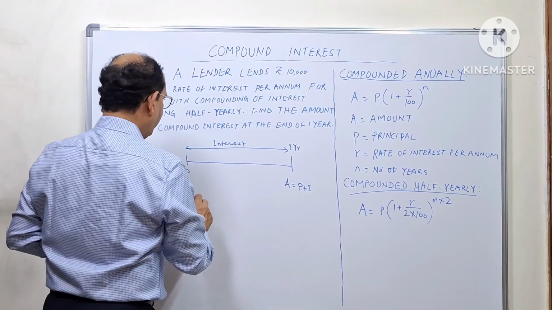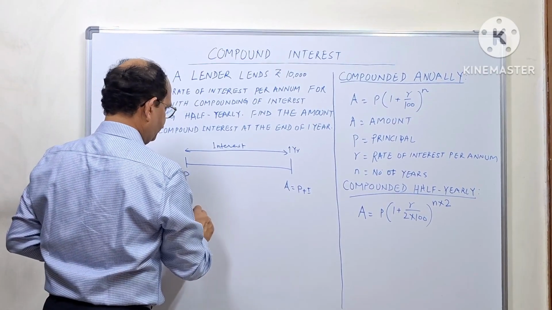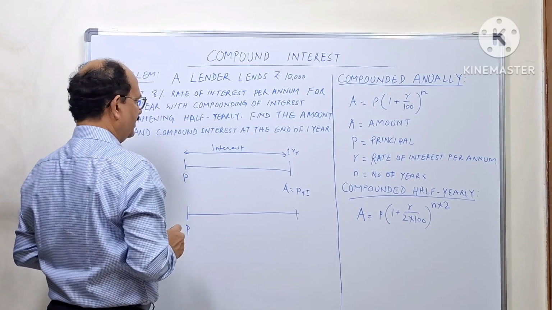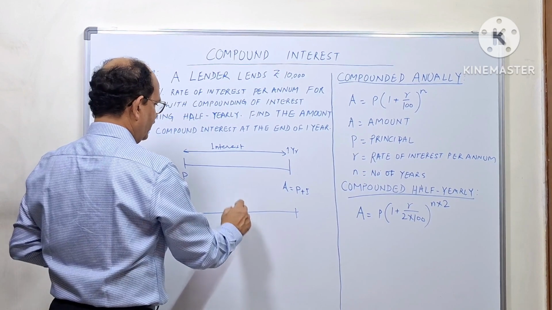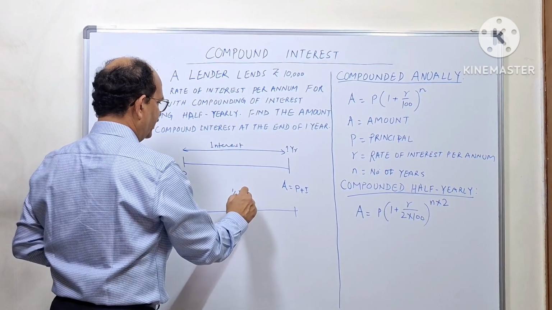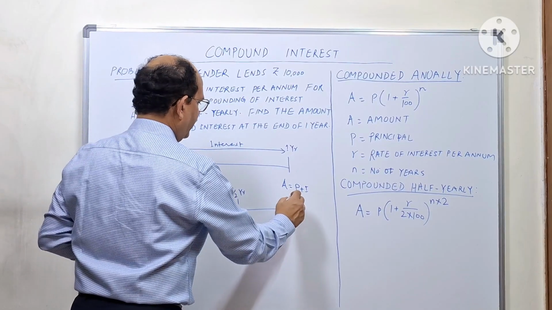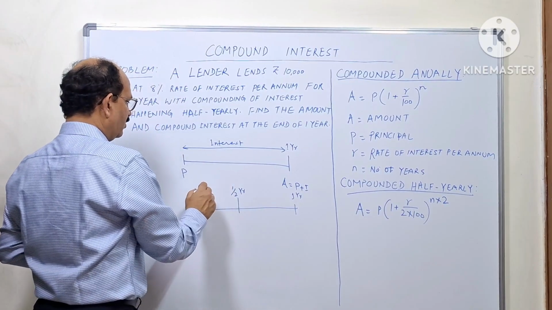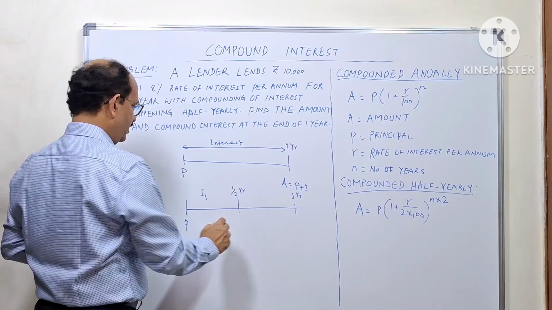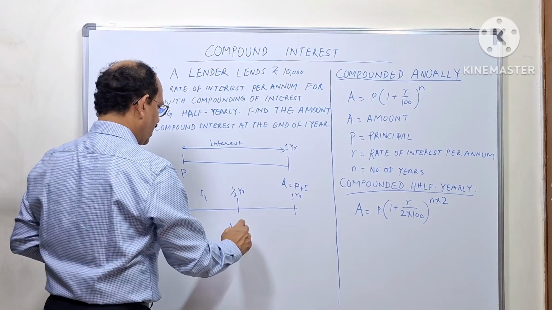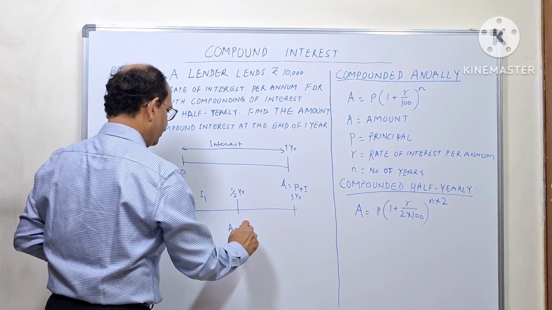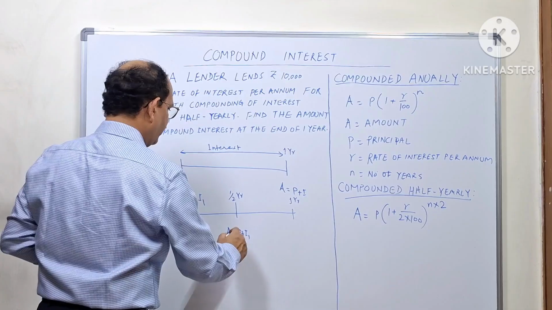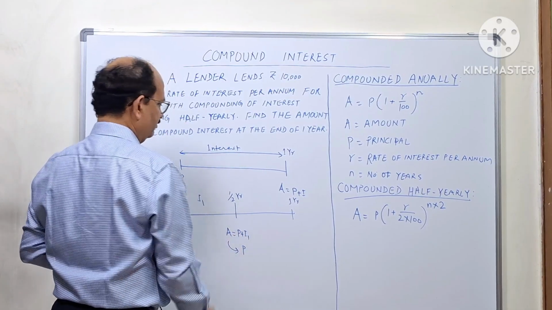But if the compounding happens half yearly, you start applying your principal here for a half year, and then another half year, that is 1 year. So you calculate the interest for this part, and then you get the amount here, which will be P plus I1, and that becomes the principal for the next part.